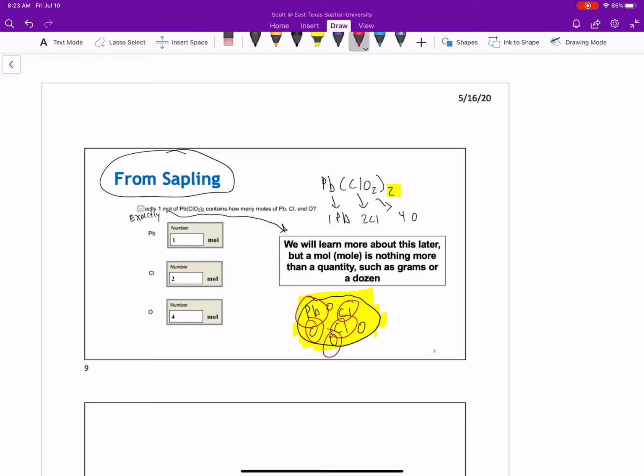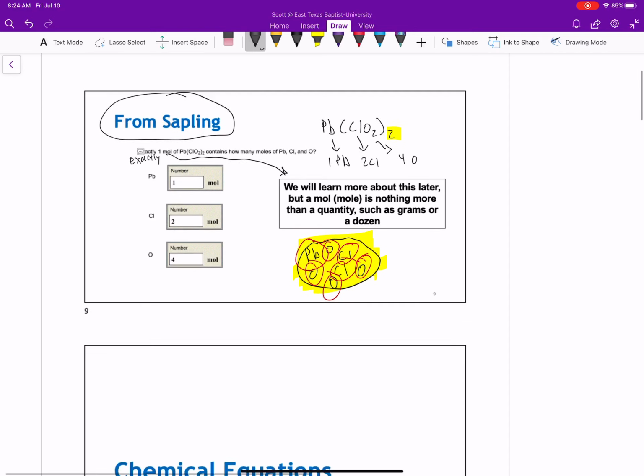You get 4. And then what we're going to be seeing, especially in the next chapters, what happens if instead of saying how many Pb, Cl, and O do you see per 1 mole of this, what about per 2.5? And then you multiply every one of these by 2.5 in order to get your answer. But I just kind of wanted to give you a brief snapshot as to what we're going to be seeing.